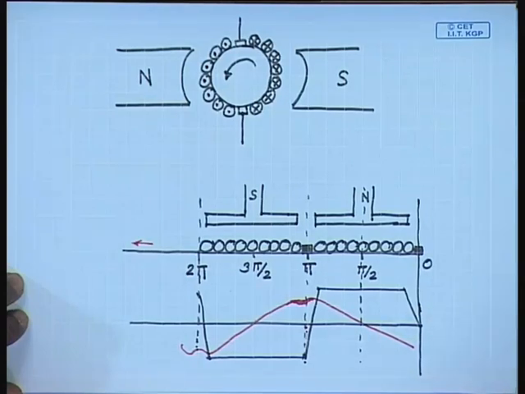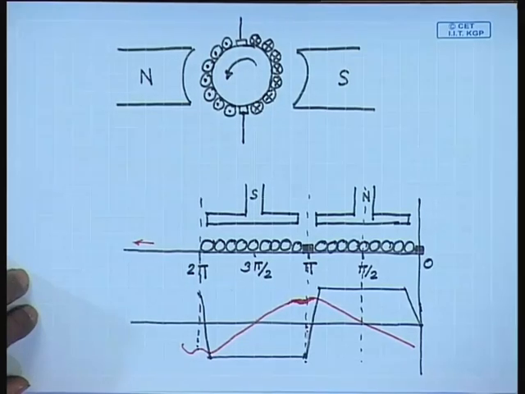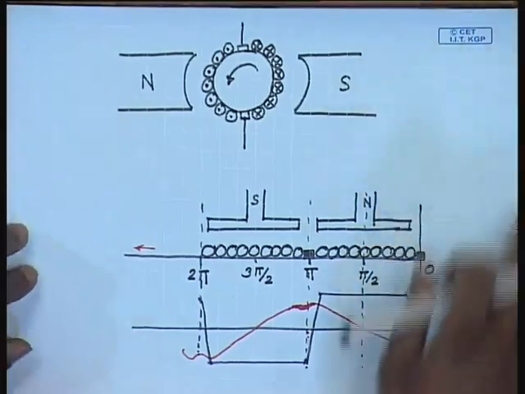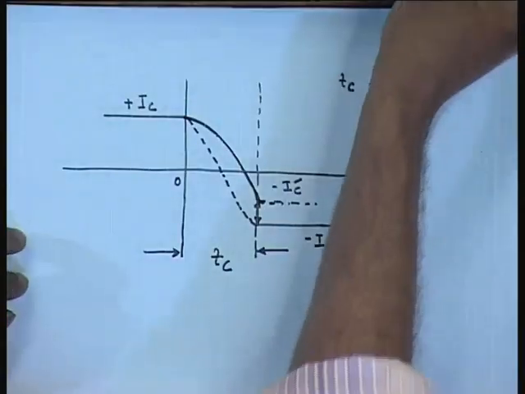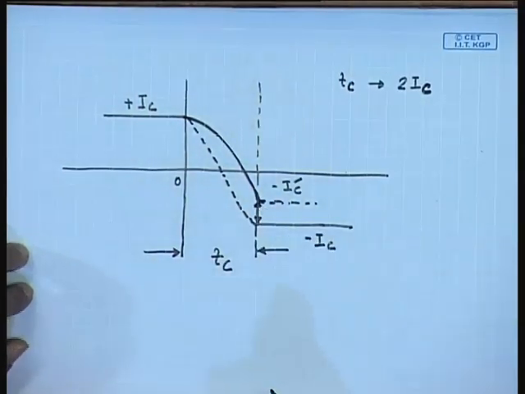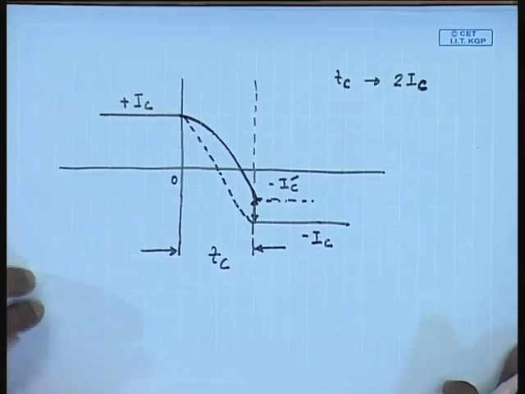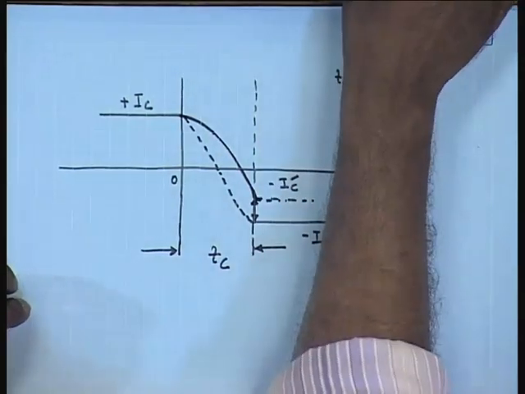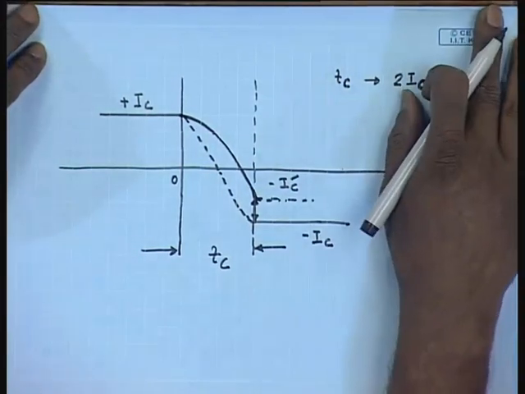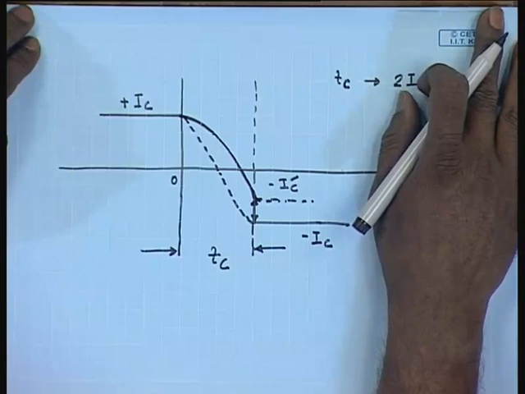So, there will be a voltage induced in the coil undergoing commutation, which will prevent or delay the change in the current in the coil, leading to under commutation. As we have said that the effect of under commutation is to produce spark, this is to be avoided.